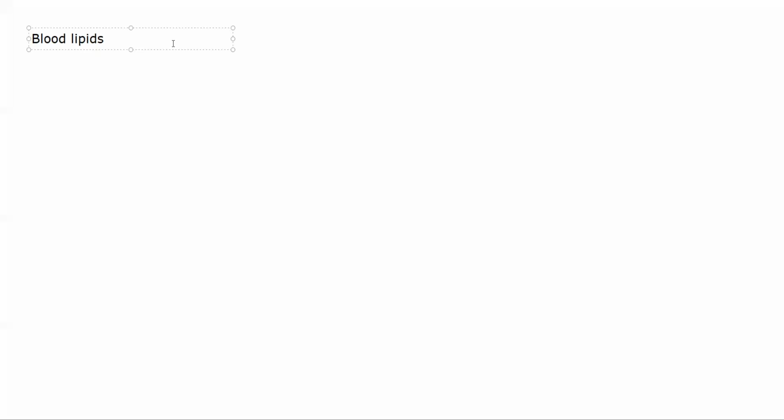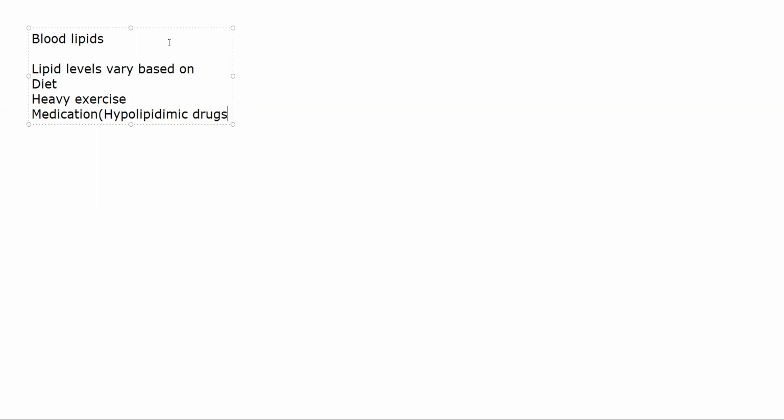So there are four main factors. Lipid levels vary based on diet, heavy exercise, then there are medications. Medications mainly include hypolipidemic drugs and oral contraceptives.